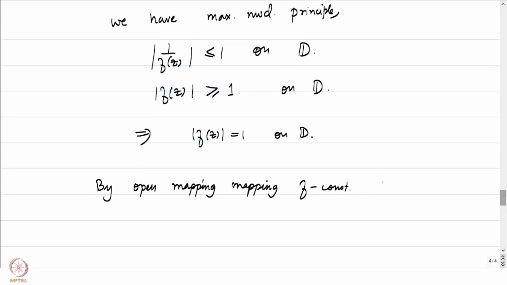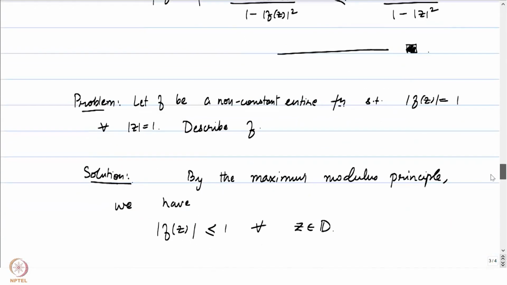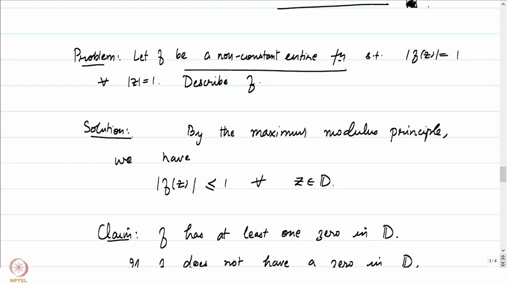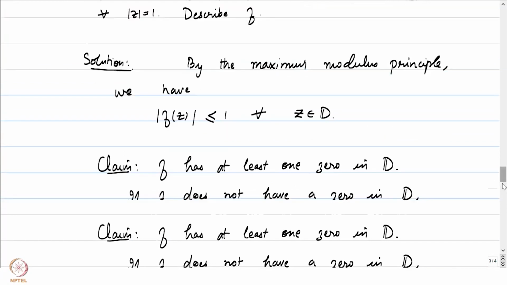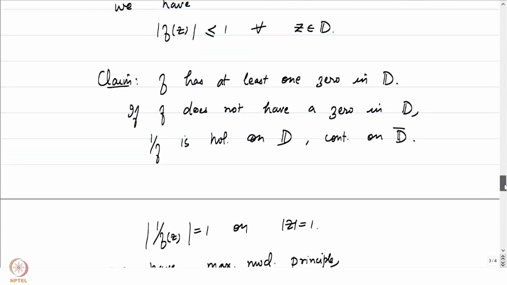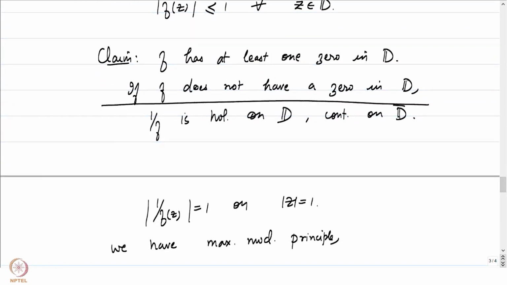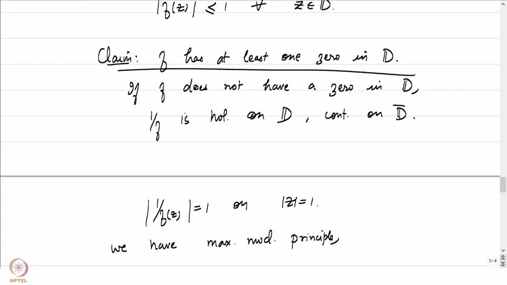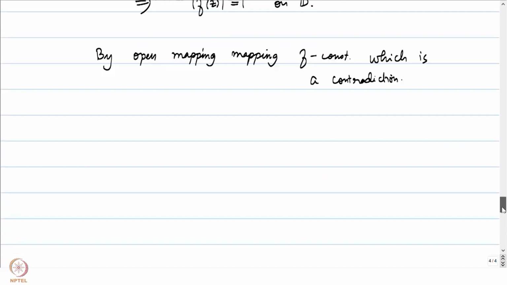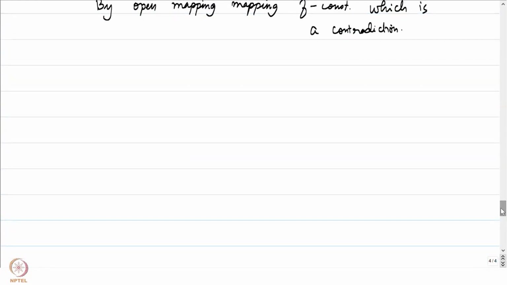So by the open mapping theorem, f is constant, which is a contradiction to the very assumption that we started off with, a non-constant holomorphic mapping. Let me just go up and check for you that we started off with a non-constant holomorphic mapping. So what have we ended up with? We have shown that this has to be true. We have established the claim. Now my next claim is that one cannot have infinitely many zeros in the unit disk. So the next claim is going to be the following.